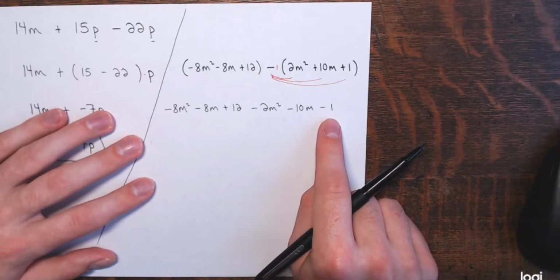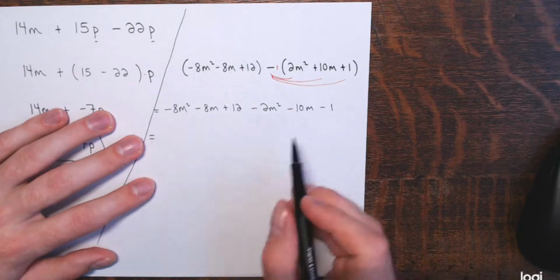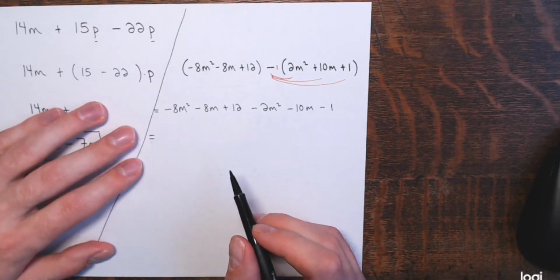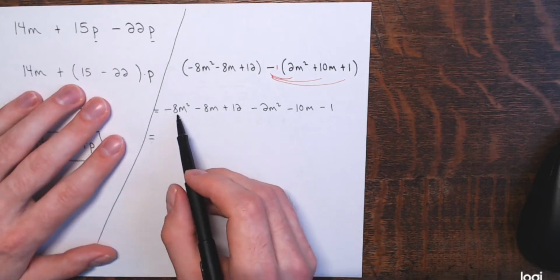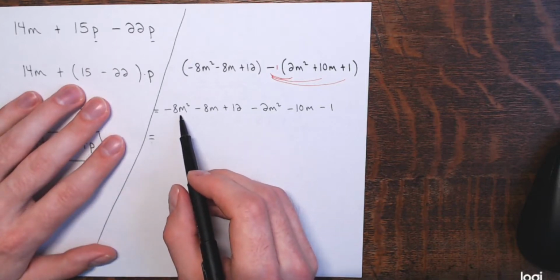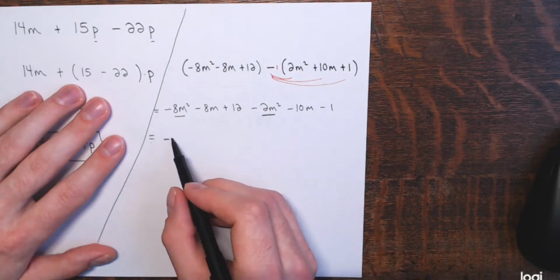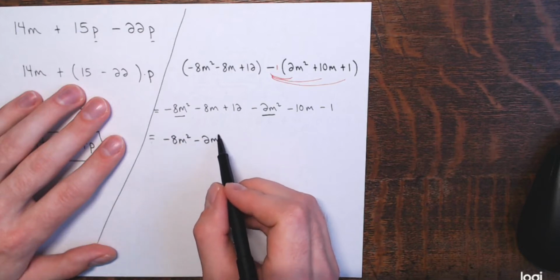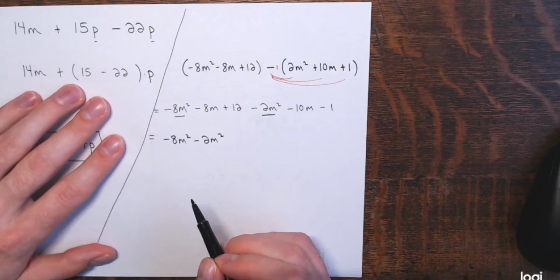Now, as I was saying earlier, you can rearrange a sum in any order you want. I'm going to rearrange them so that we put all the like terms next to each other. So you see this -8m squared, that's going to go with this -2m squared, right? So -8m squared minus 2m squared, because they both have m squared. They both have the same variables to the same powers on those variables. They are like.